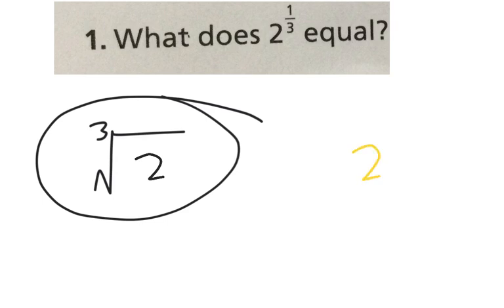Like the last problem, 2 to the 1/2 power is radical 2, the square root of 2.